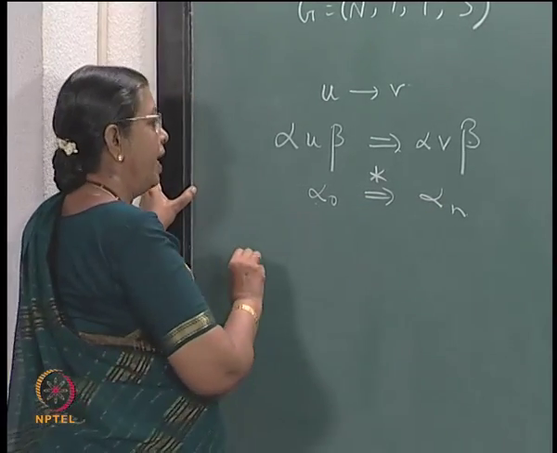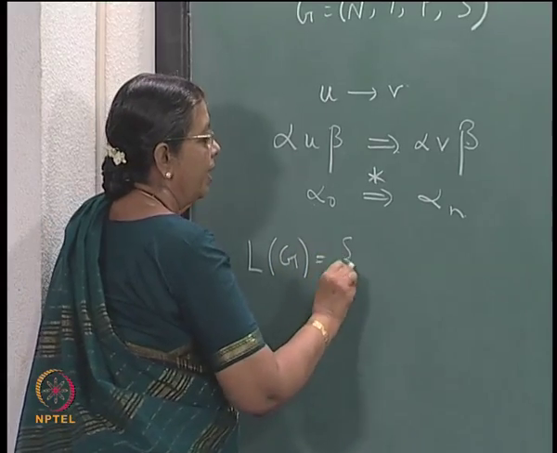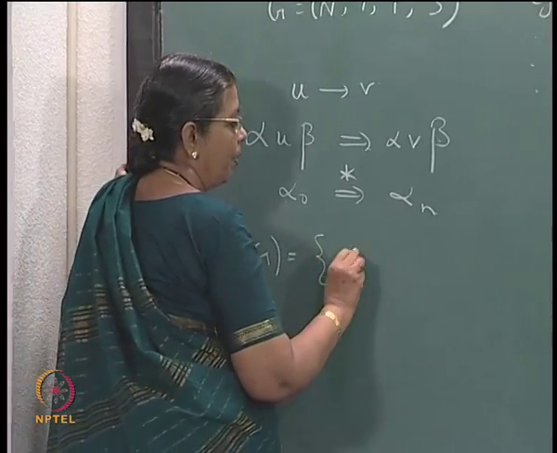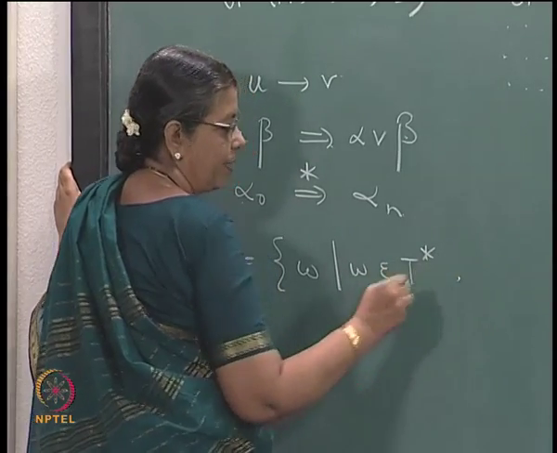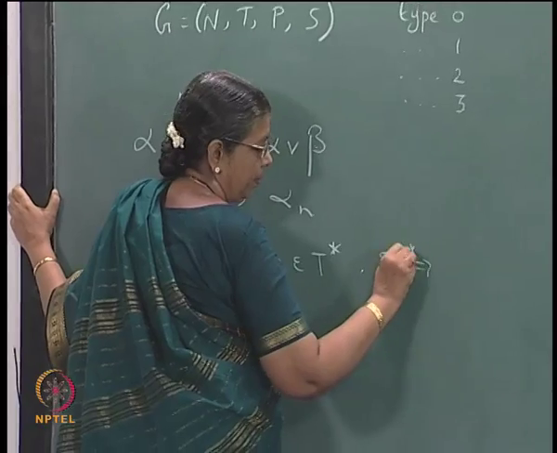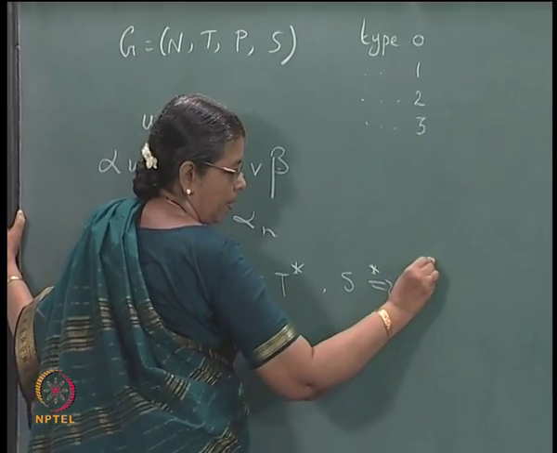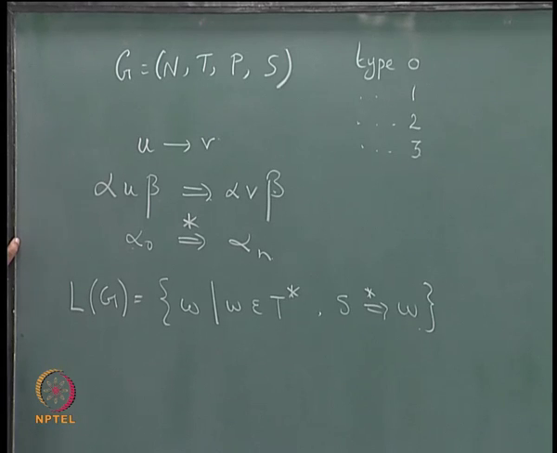The language generated by the grammar is denoted by L(G) and it is given by the set of W, where W belongs to T star, a set of terminal strings derivable from the start symbol. This is the way the language generated by the grammar is defined.